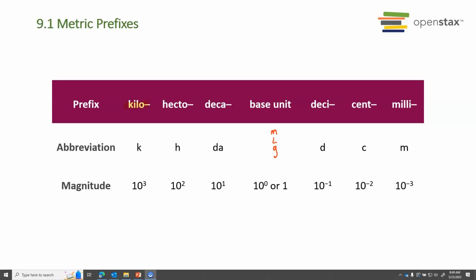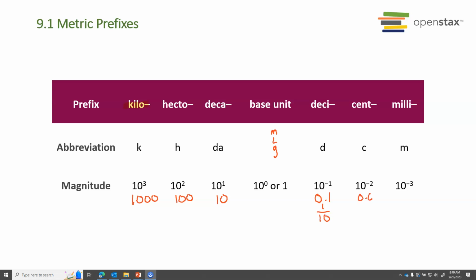So each of these prefixes corresponds to a power of 10. So for example, when we talk about magnitude, 10 to the third is 1,000. So 1 kilogram would be 1,000 grams. A hecto is 100. A deca is 10. This is 1. This is 0.1, or a tenth is another way to write that.